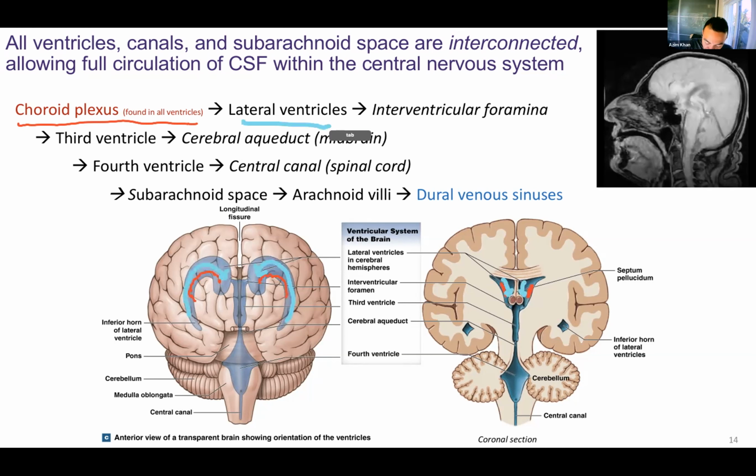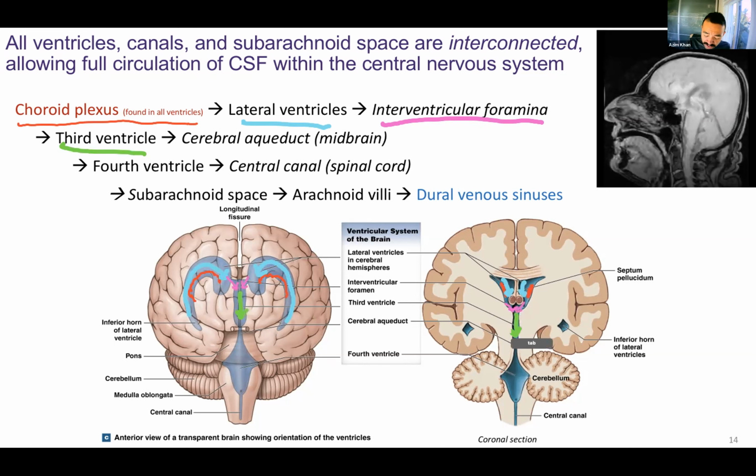From the lateral ventricles, we'll pass through a very narrow passage. They're called interventricular foramina. Interventricular because they're between ventricles. Foramina, plural of foramen, holes. These little passageways are interventricular foramina. Then we get to the third ventricle. There's only one third ventricle, and it's very central to the brain.